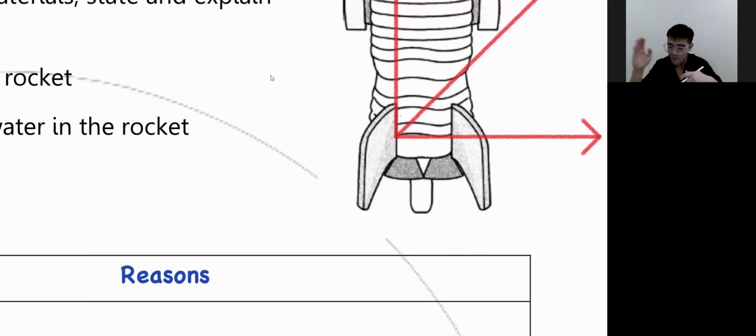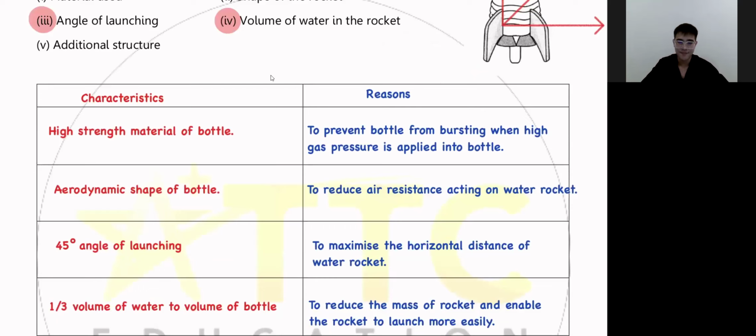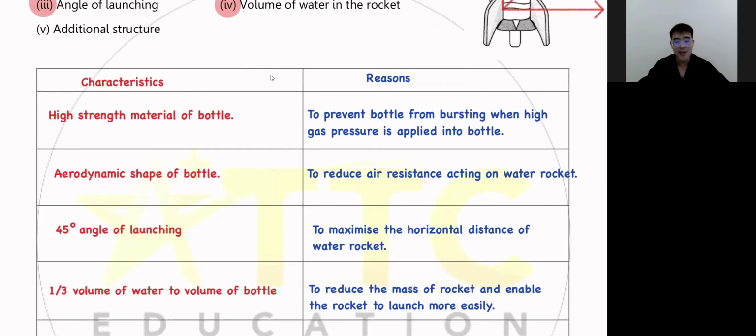It will vibrate, and the track of how the rocket launches will be a bit off. So that's why with the fins, it will stabilize the launch of the rocket. The launch and also the propulsion of the rocket will be more stable. Also, we can use the word smooth. It will be smoother and the stability will be increased.